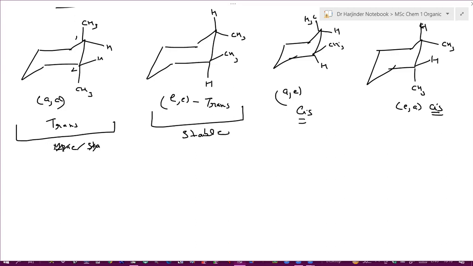Now, what about enantiomerism in 1,2-dimethyl cyclohexane? How many chiral carbons are there in 1,2-dimethyl cyclohexane?